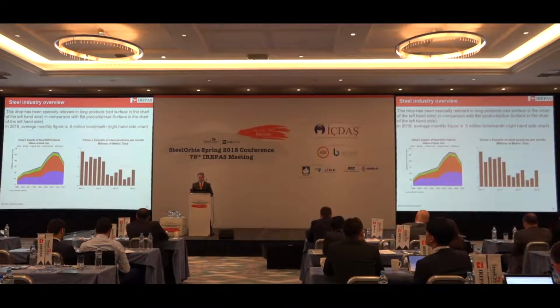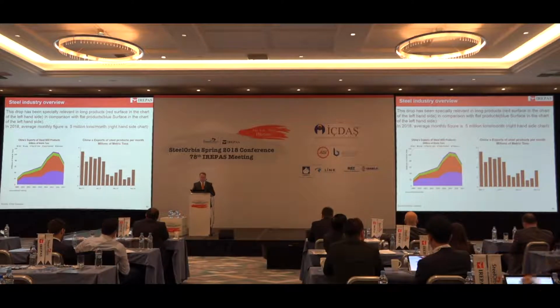This drop of steel export from China has been especially relevant in long products. In the left-hand side graph, you can find in blue color the export of flat products, in red color the export of long products, green for pipe and tubes, and purple color for stainless steel.